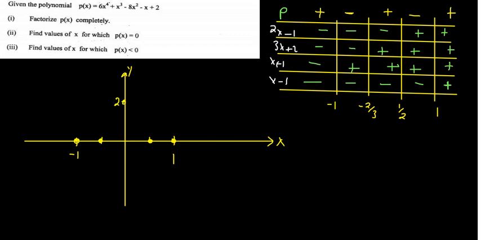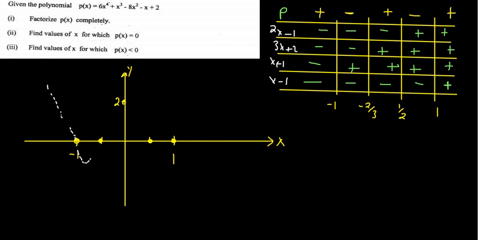So to sketch this graph, you look at the product. For values of x smaller than negative 1, the function is positive, meaning that it's above the x-axis. For values of x between negative 1 and negative 2 over 3, the function is negative, meaning that it is below the x-axis, so it will be down there.